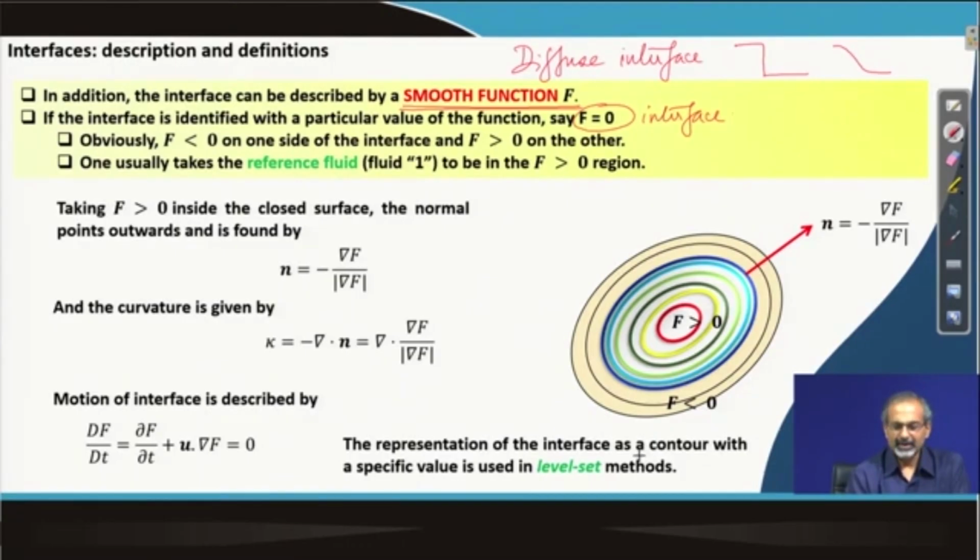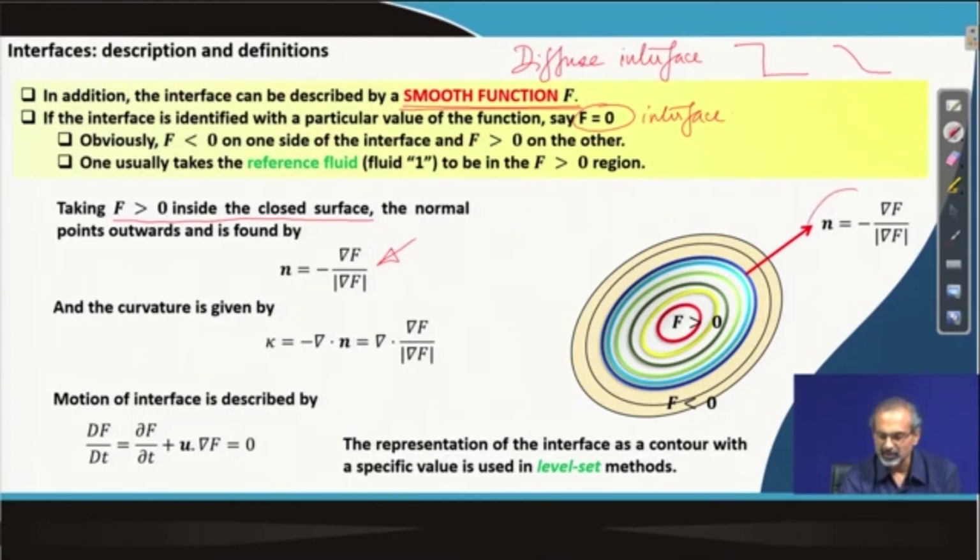So, how can I come up with a definition of f? Let us see how we go about it. We first take f greater than 0 inside the closed surface, and the normal then points outside, and it is found by the gradient of f divided by the modulus of the gradient of f, with a negative sign.